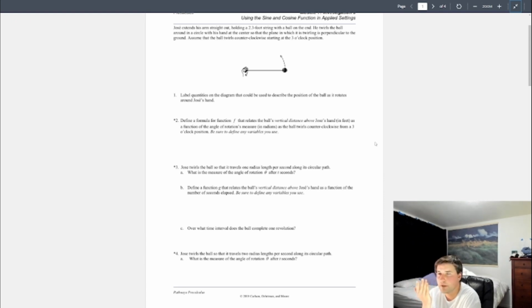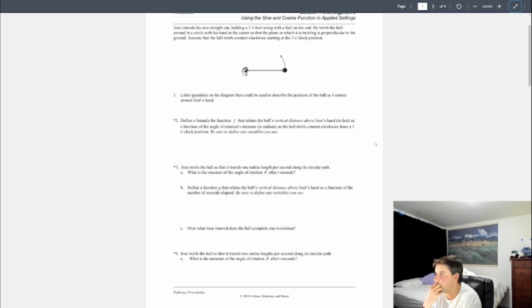Well, radius length is just radians. As we said, 1.1 radians is equal to an arc length of 1.1 radius lengths.